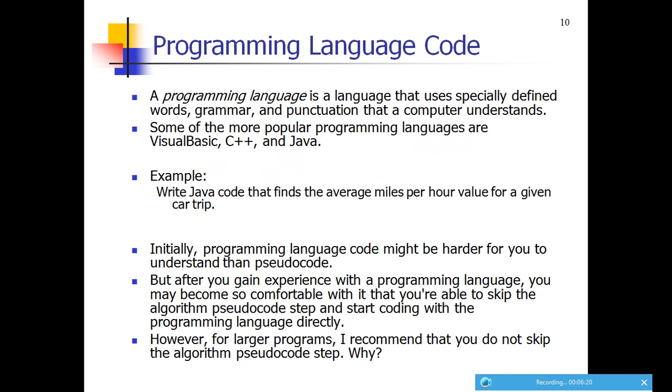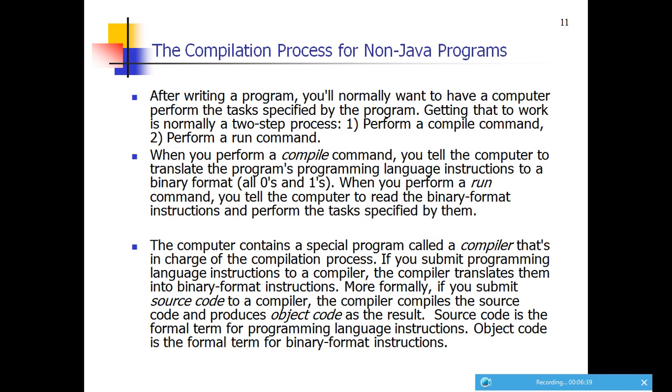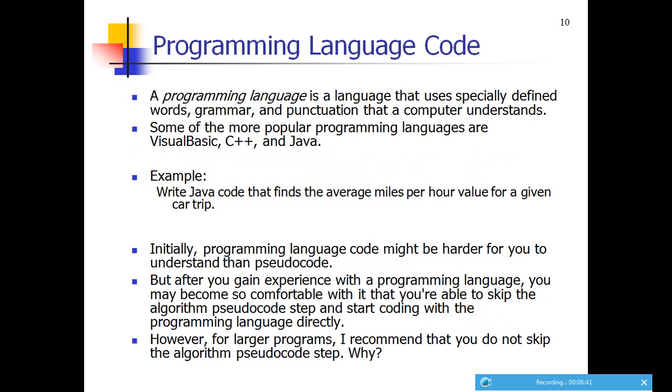A programming language is a language that uses specially defined words, grammar and punctuation that a computer understands. Some of the more popular programming languages are Visual Basic, C++ and Java. Initially, programming language code might be harder for you to understand than pseudocode.